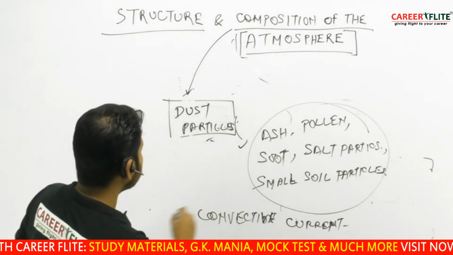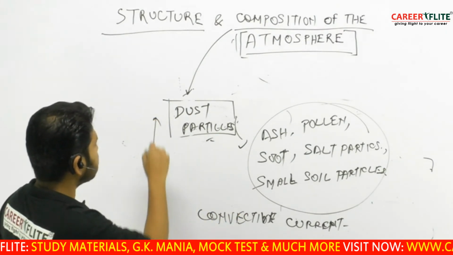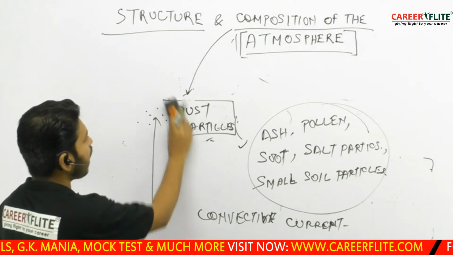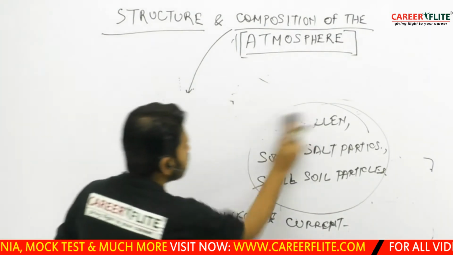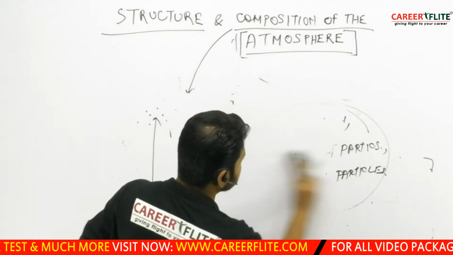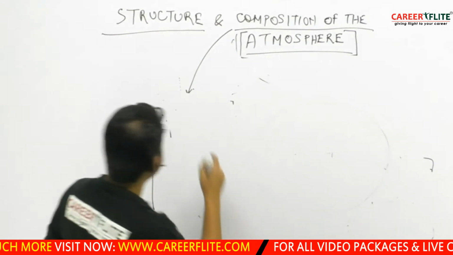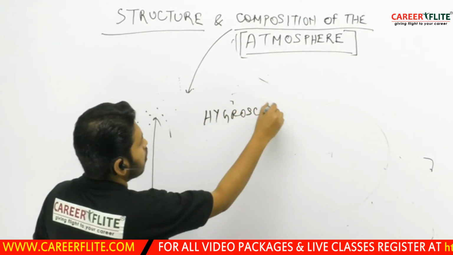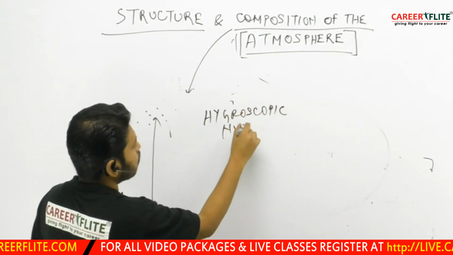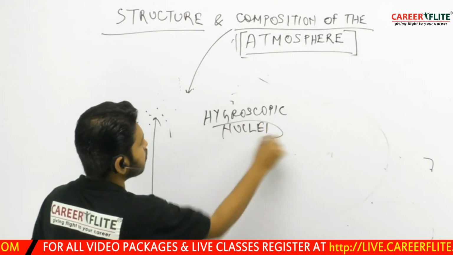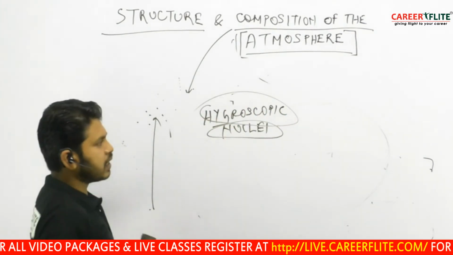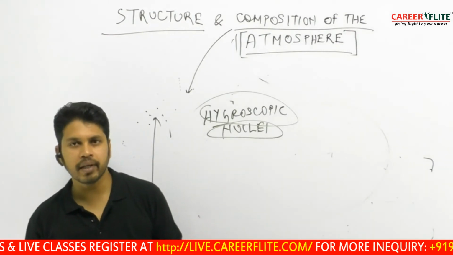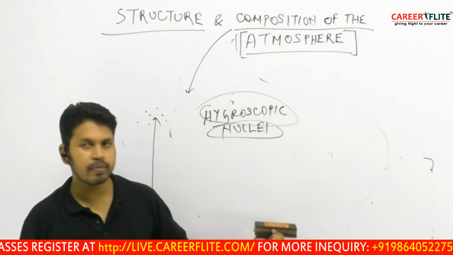So these dust particles will go to the upper part of the atmosphere, and here they will behave like hygroscopic nuclei. Now, what is hygroscopic nuclei? Hygroscopic nuclei are the center, the nucleus, small particles around which the water vapor that was present near the surface of the earth gathers.